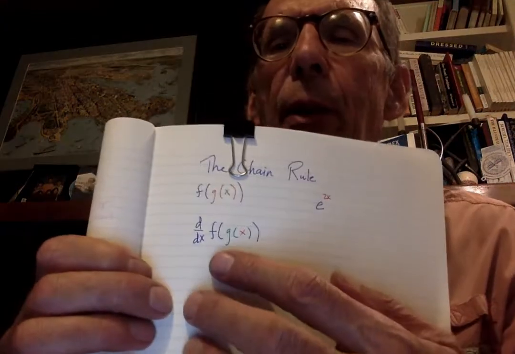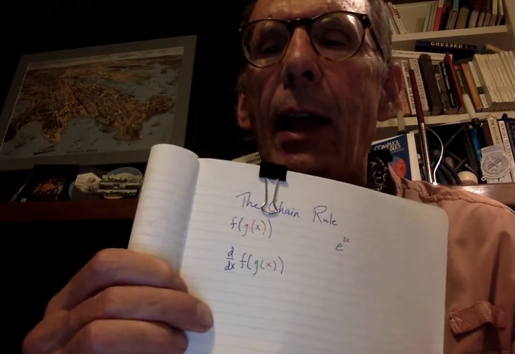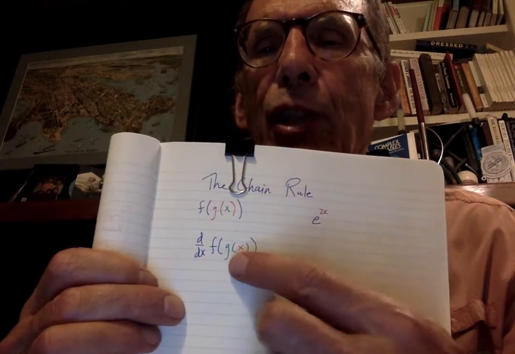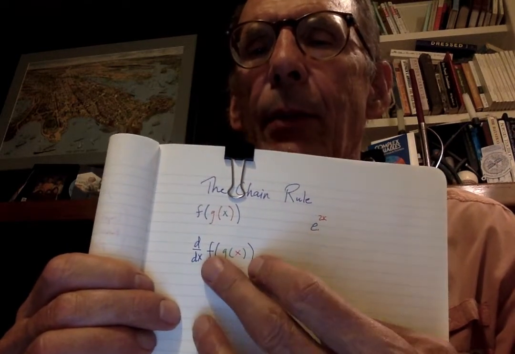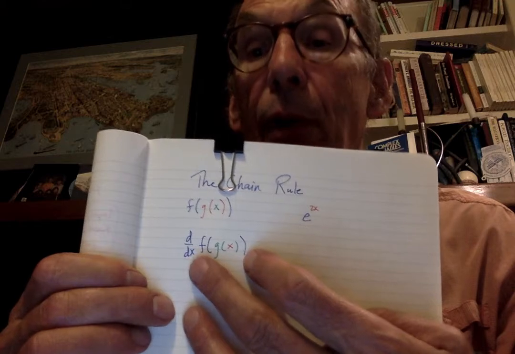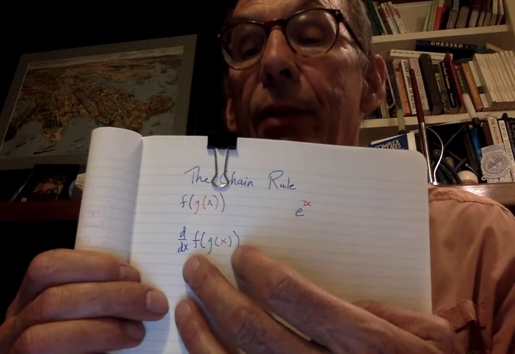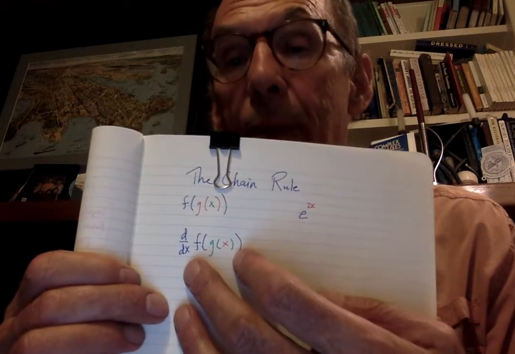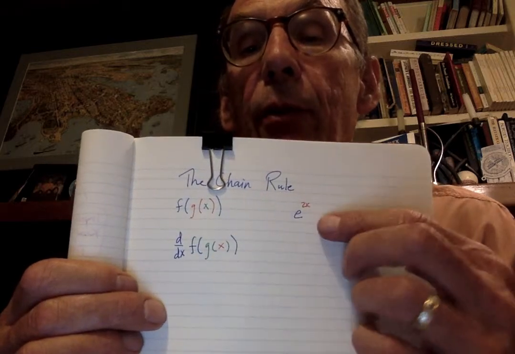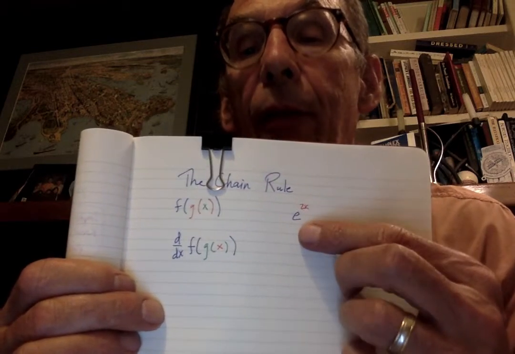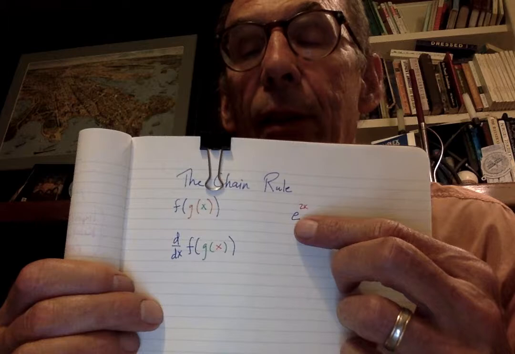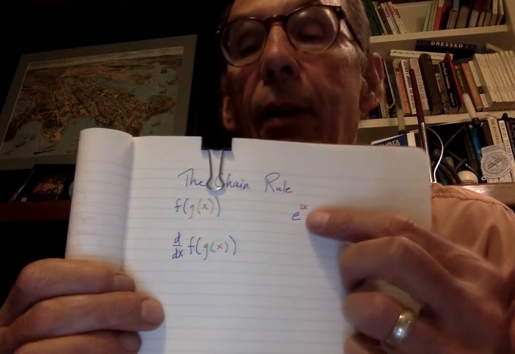So let's get that in there. And so I've color-coded the parentheses so you can see really what's going on. You've got x, and then you've done g to that, and now that's some number, and then f does what it does to whatever's in the parentheses here. That's the cut and paste part. So then f of g of x. So for this example, the f function is the exponential function, and the g function is the doubling function.